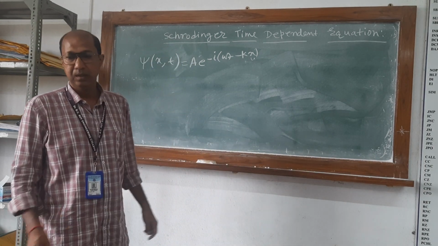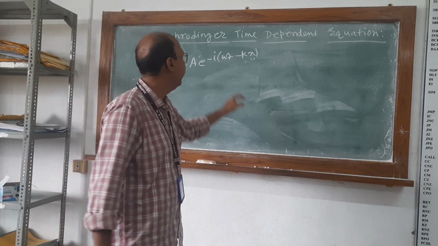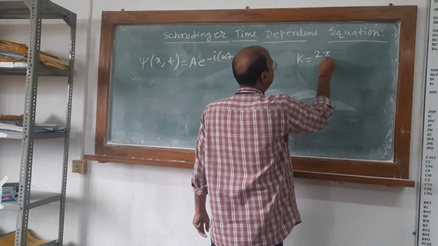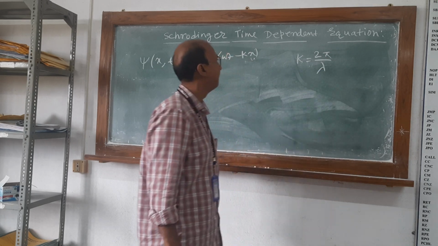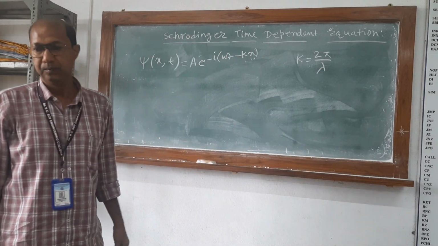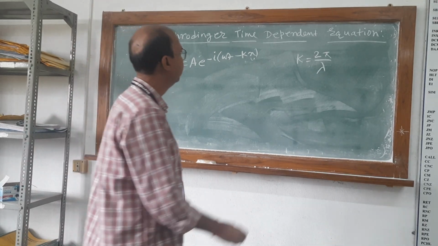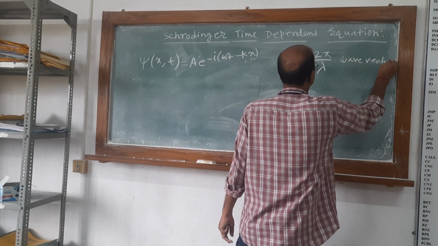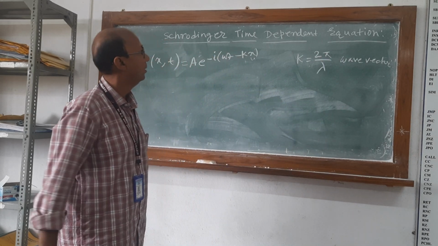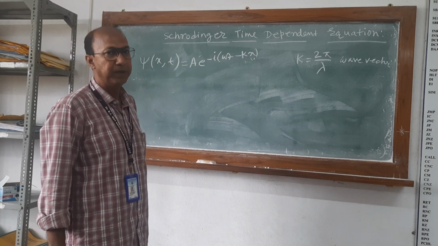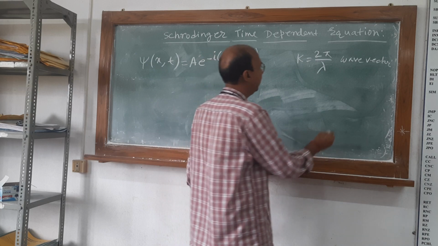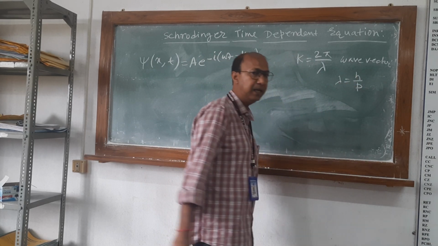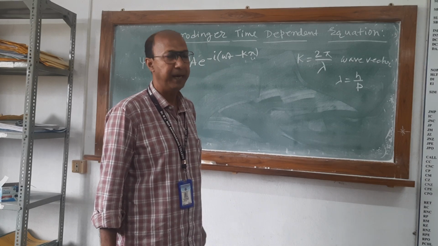Now here we know the wave vector k equal to 2 pi by lambda. That is the wave vector. From the de Broglie wavelength, we know lambda equal to h by p, where p is the momentum and h is the Planck constant.